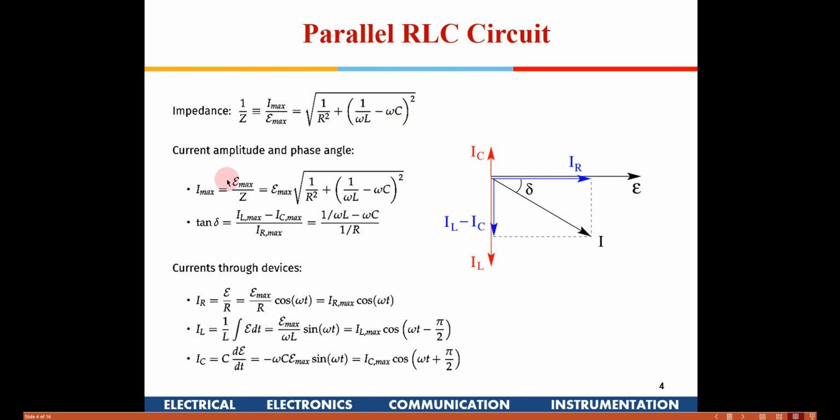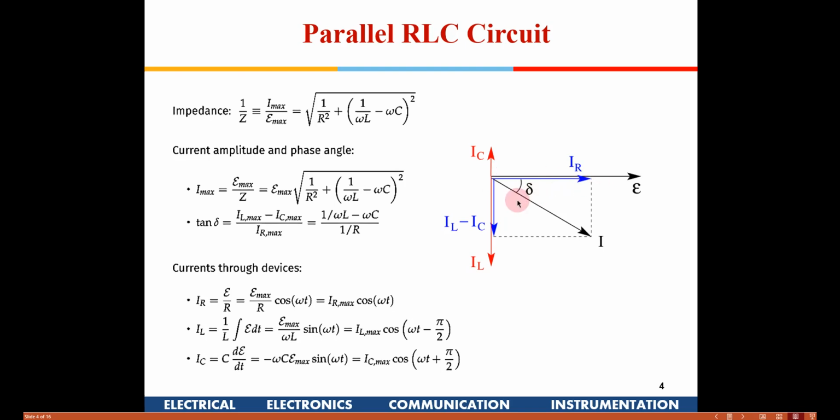So I max again will be E divided by Z, right? So 1 by Z is this, which comes in the numerator now, times E max. So this is the equation to find out what I max is. And what is delta? If you see here, tan delta will be the opposite side by the adjacent side, right?